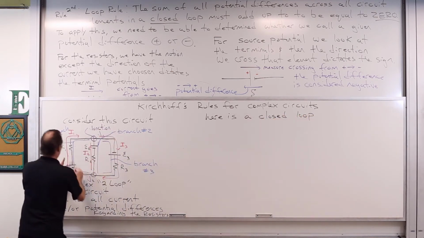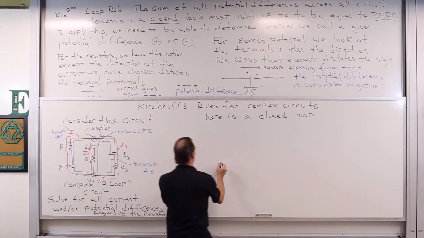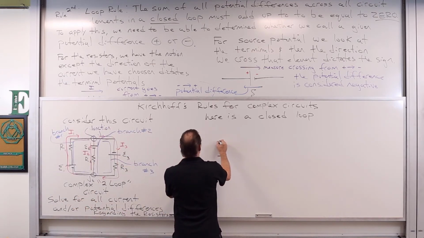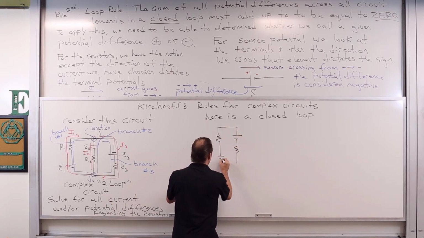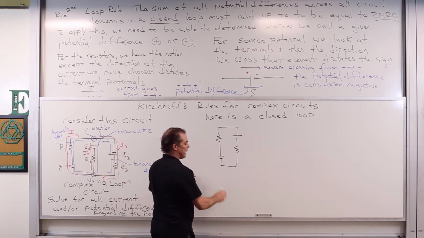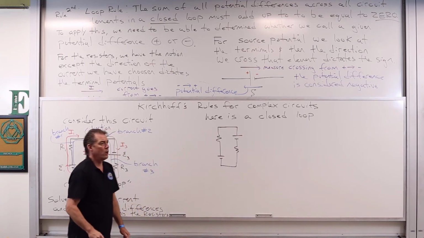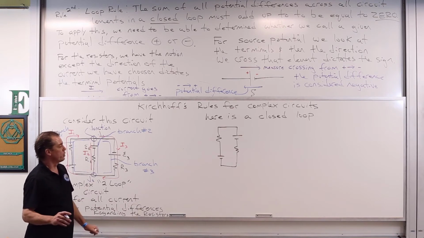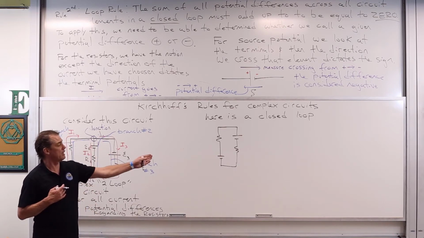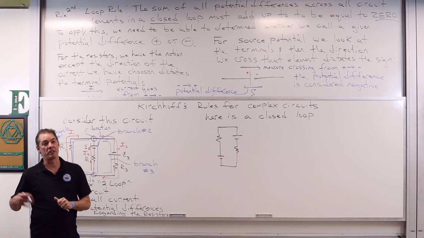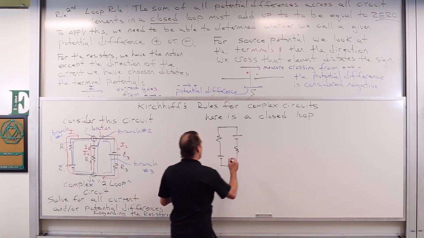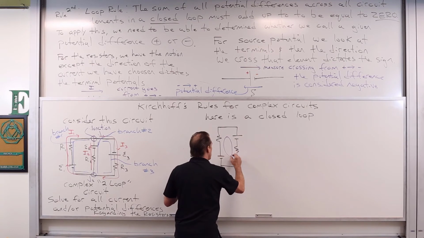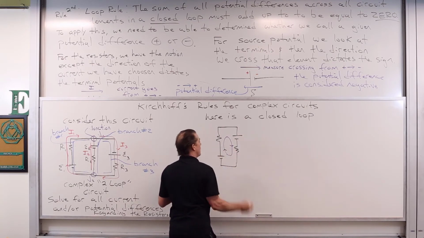I'm going to take this little interior one right here and just call that a closed loop. I'm just going to draw it out. And there's a closed loop right here. Well, in order to utilize the loop rule, what we need to do is go across all the elements in that closed loop, add up the potential differences, set it equal to 0. But we have to go across all the elements going in the same direction. So, traverse all the elements in a particular direction.